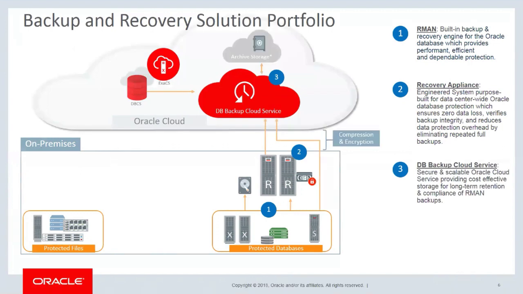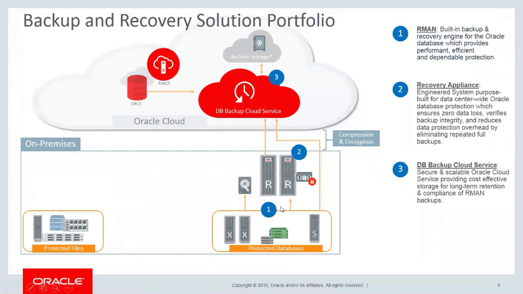The Database Backup Cloud Service is an extension, so it can be used to back up databases directly, just using RMAN and directing those backups to the cloud, or it can be used as an extension for the Recovery Appliance.